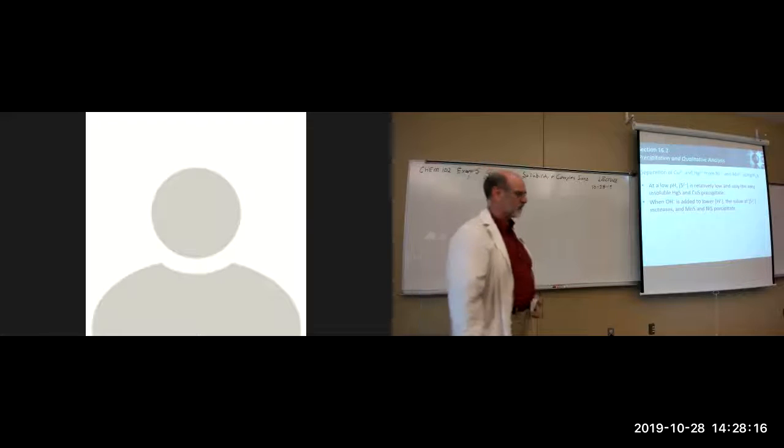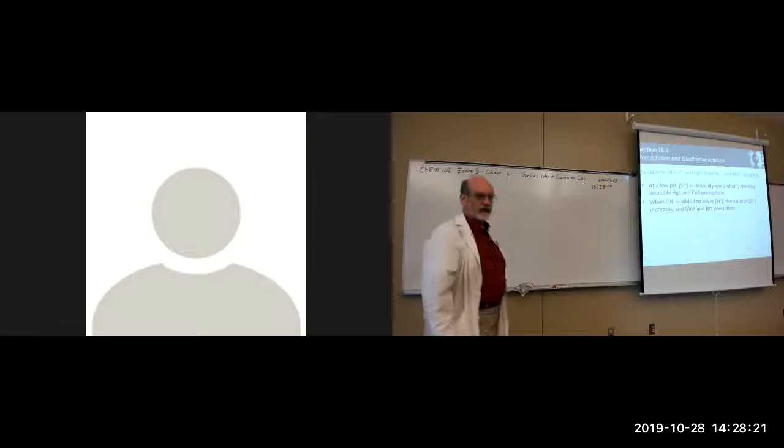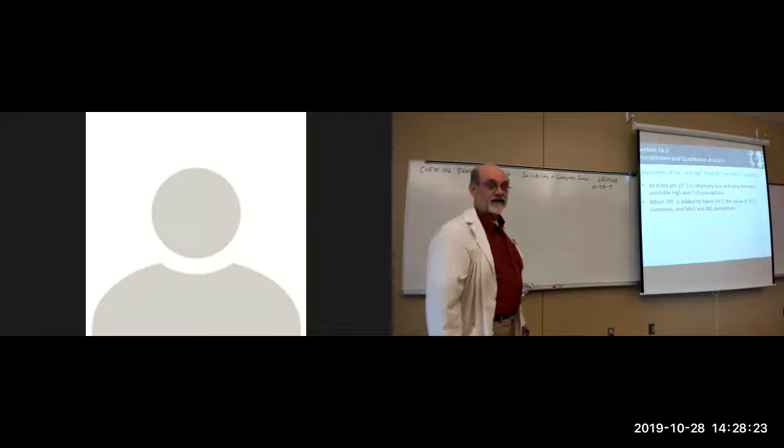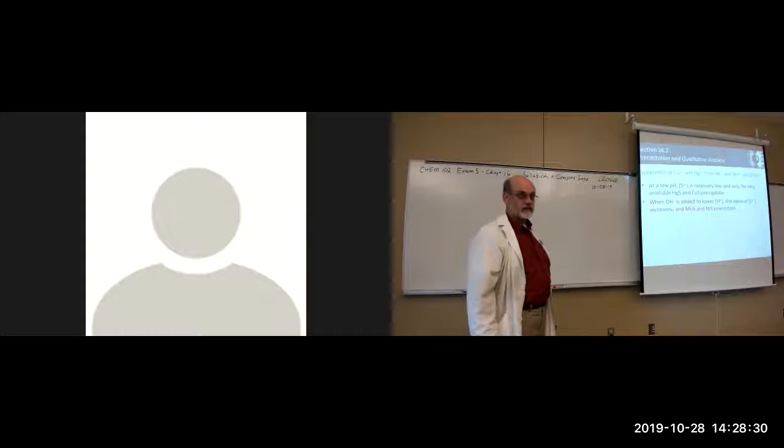Now, how do we do that? Well, it wasn't so easy in the past when you had to use wet chemistry. But now we have instruments that will determine qualitatively the composition of a mixture with spectroscopy.